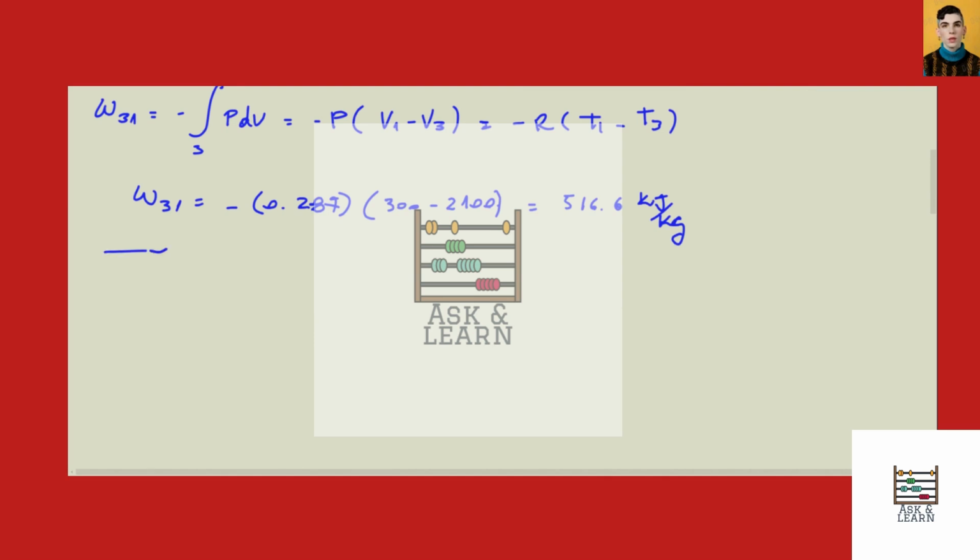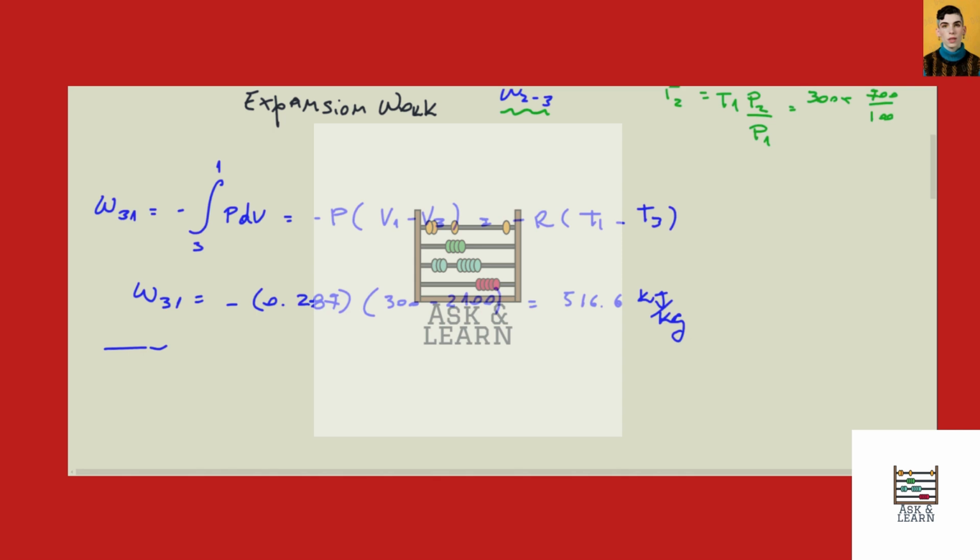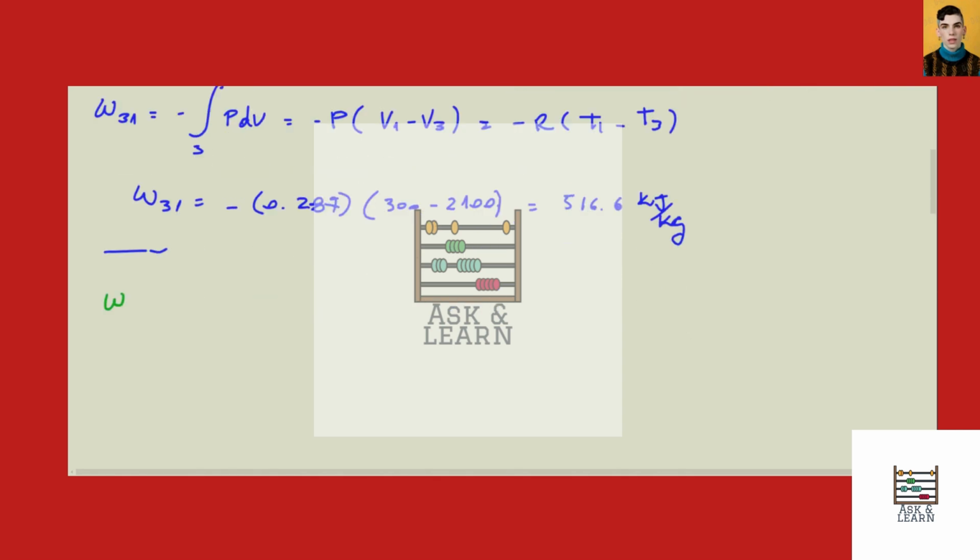Now that we have the work 3-1, we have to find the work 2-3. So the work 2-3 is going to be the integral from 2 to 3 of P dV. Since this is isothermal, we need to use the ideal gas law and change the pressure for the temperature. Therefore, this is just RT divided by V dV.